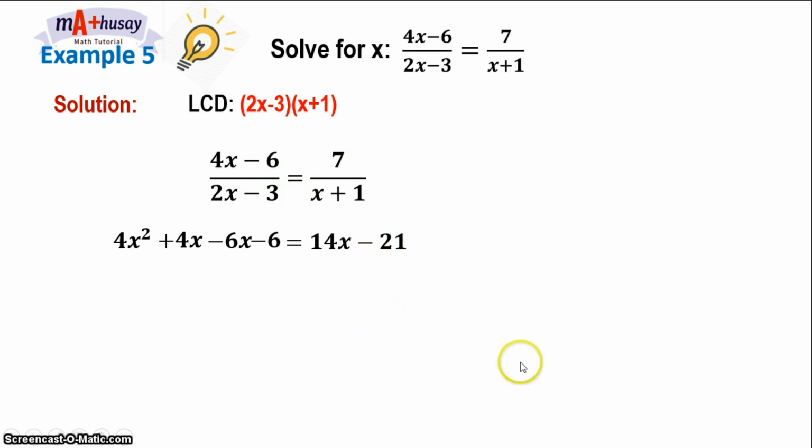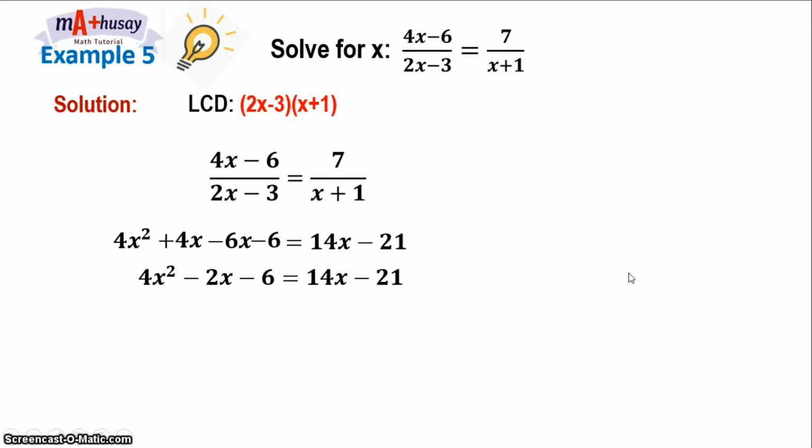So, combining like terms, we'll have 4x squared minus 2x minus 6 equals 14x minus 21. So again, mag-a-add tayo ng negative 14x at positive 21 sa both sides of the equation.